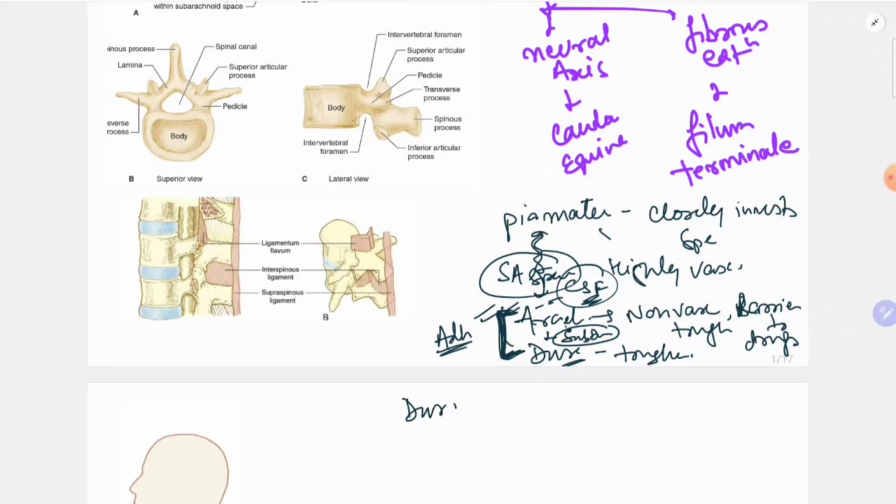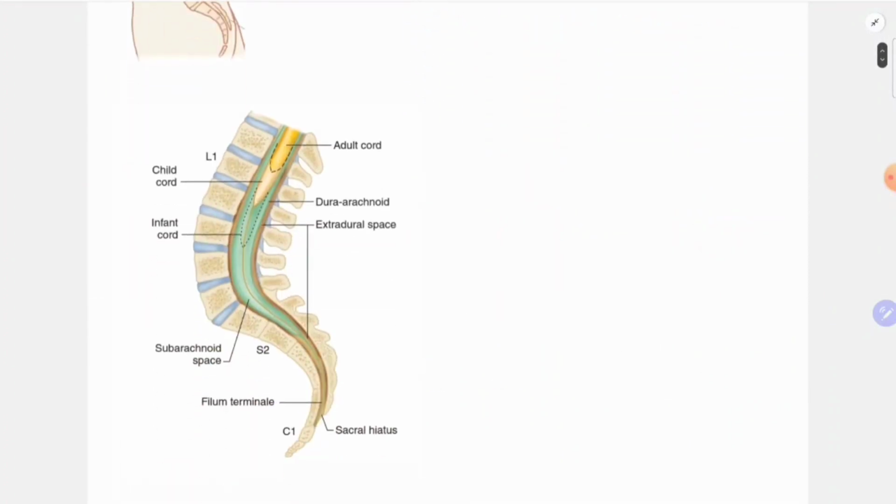Now dura is the one that extends up till S2. When I say dura, basically the meningeal sac, the whole meningeal sac extends up to S2.